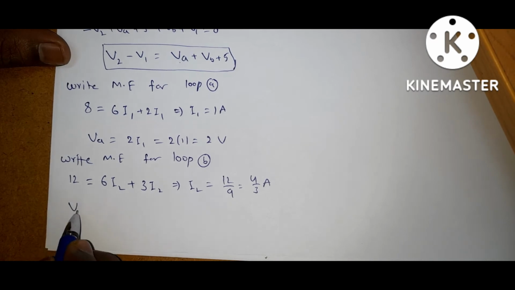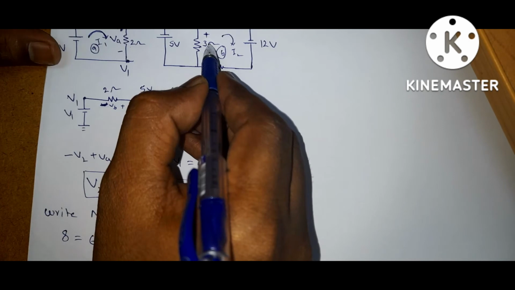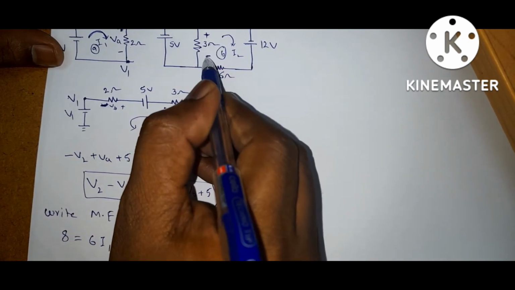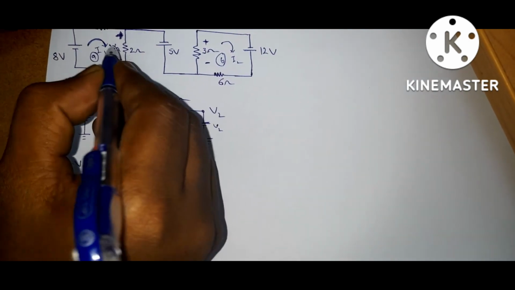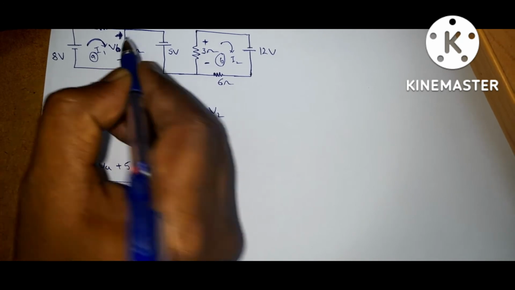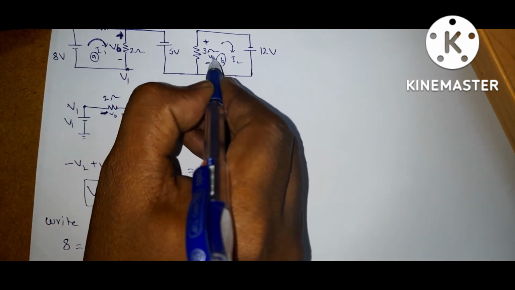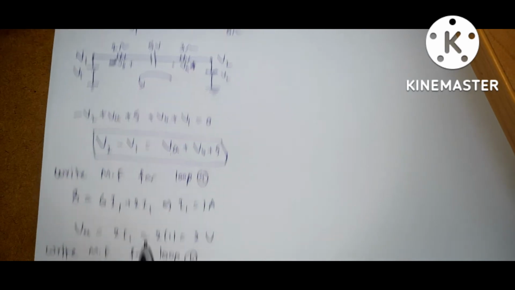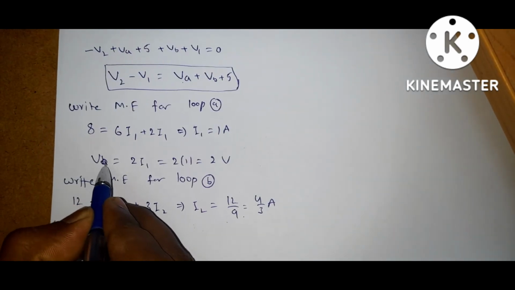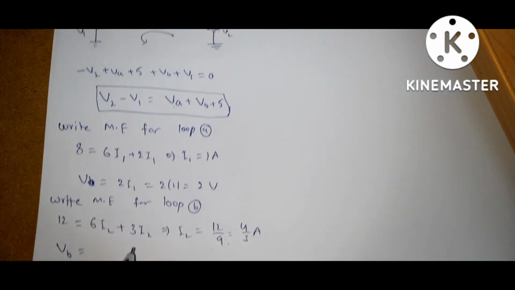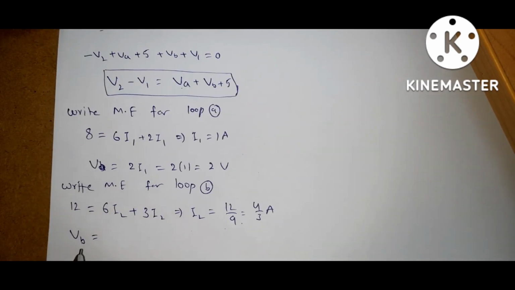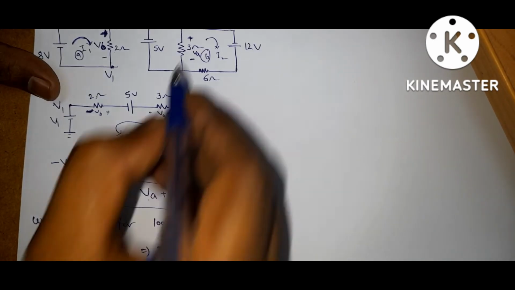Now what is VA? What is VB? Okay, this is plus, this is minus. Sorry, this is VB and this is VA. Now we want to find out VA.